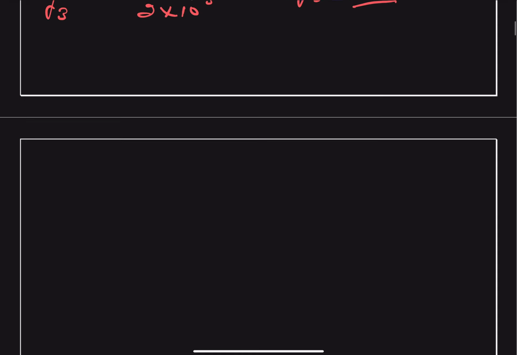Now we come to part B, and it says to find the least distance from the central maxima where the bright fringes are going to coincide.